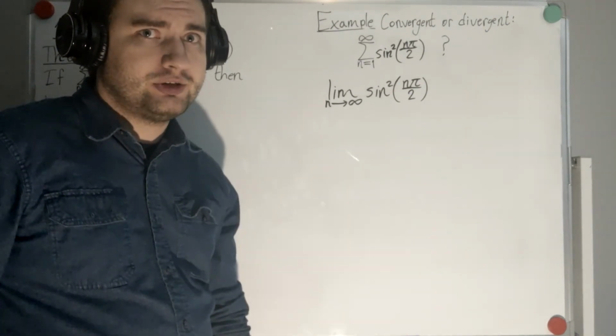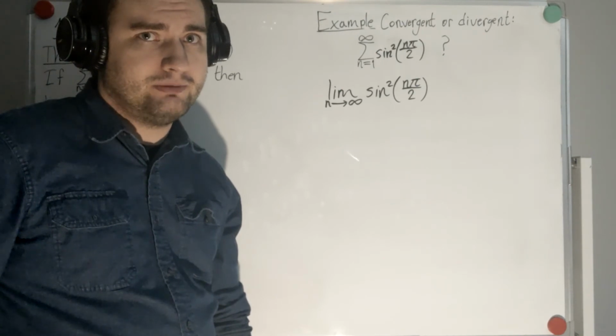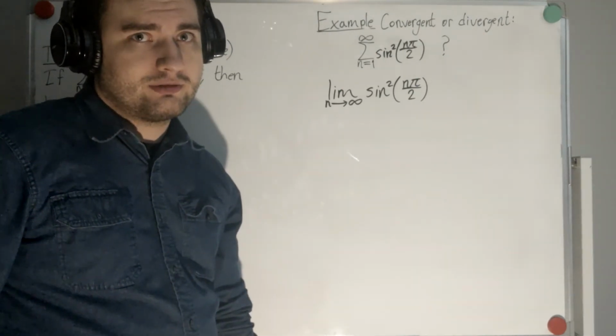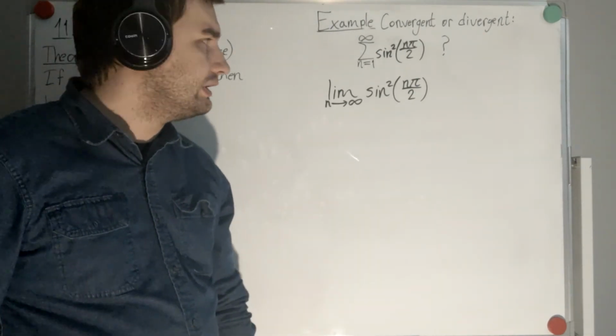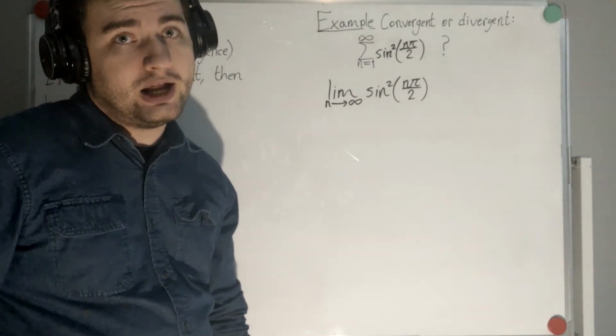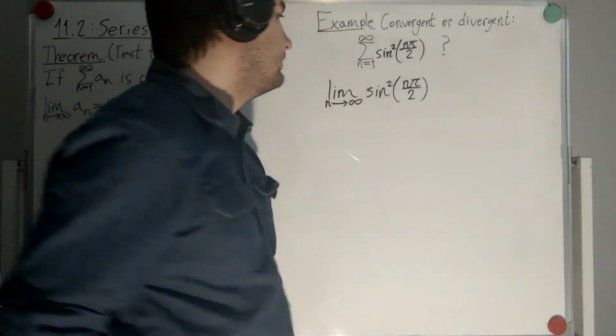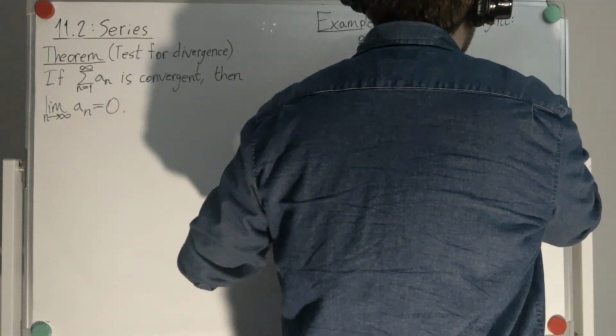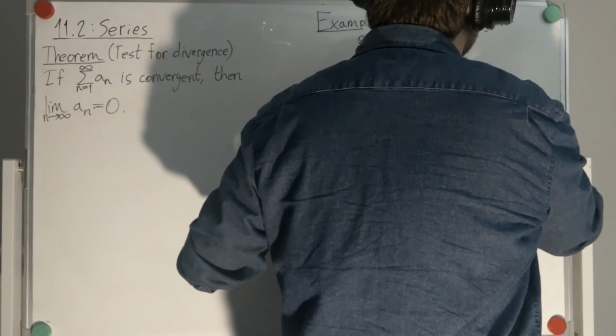All right, so it looks like as n approaches infinity, we have that oscillation problem. This just keeps going back and forth between 0 and 1, right? It never converges to either of them. So this one does not even exist.